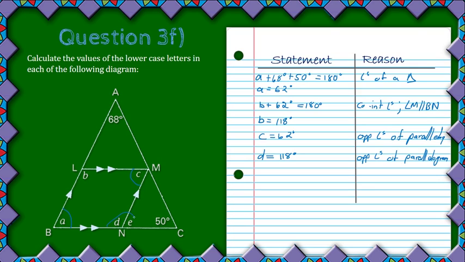We can use angles on a straight line, but what's easiest? The easiest one will just be to say that E is equal to C because of alternate angles. So E is equal to, what was C? 62 degrees. That's alternate angles. Parallel lines are LM being parallel to BC.